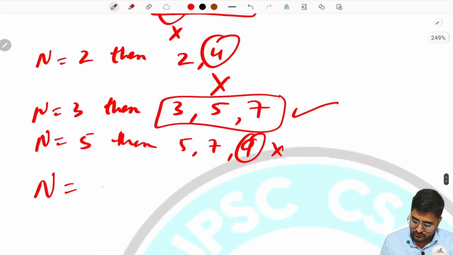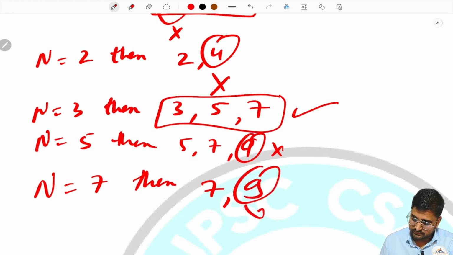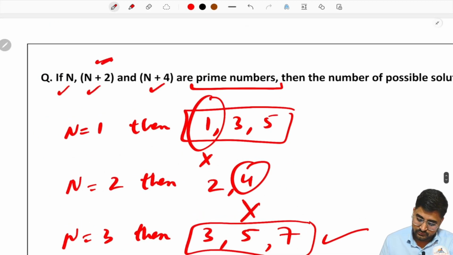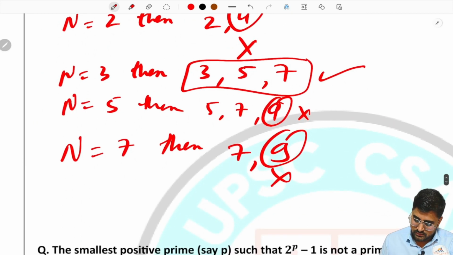Now n is equal to 6. It's not a prime. 7. Then you start from 7. 9. No. N is equal to 8. 8 itself gets cut. 9 itself gets cut.